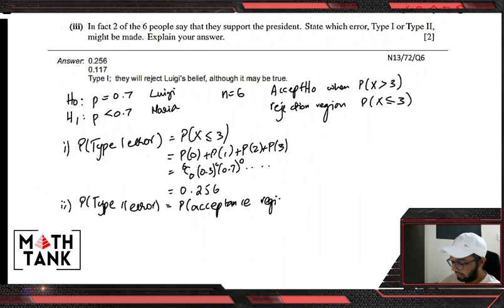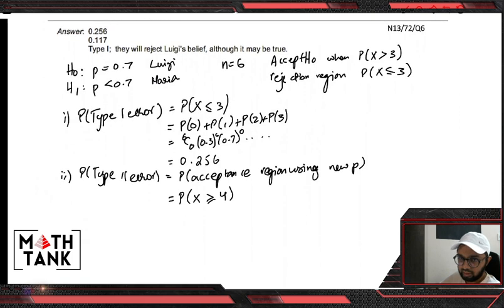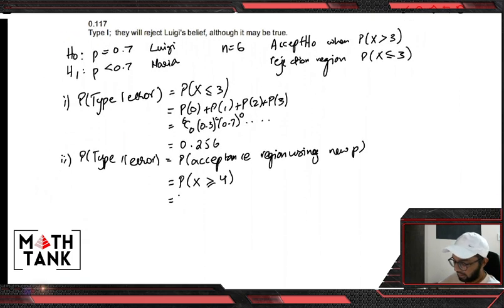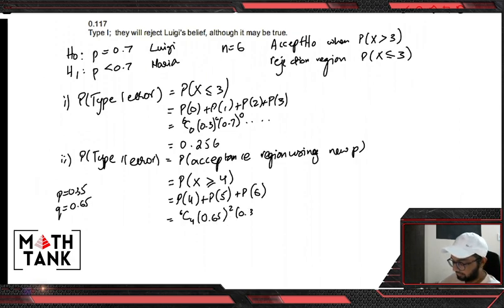So I want to calculate the probability of x greater than or equals to 4, or just greater than 3, whatever you want to write it as. I just want to calculate the probabilities of 4, 5 and 6, but this time my success would be 0.35 and my failure would be 0.65, because I'm taking the new evidence into account.